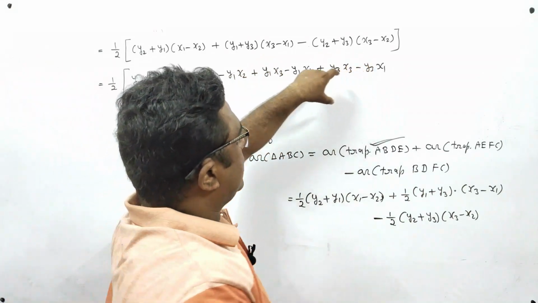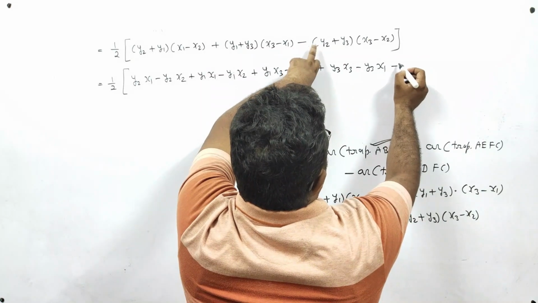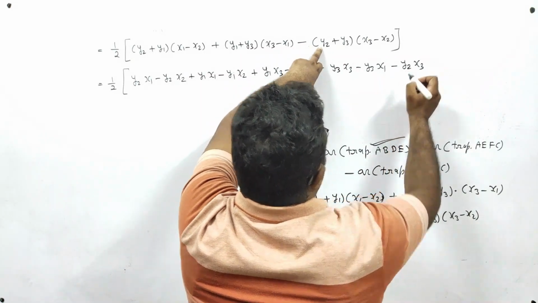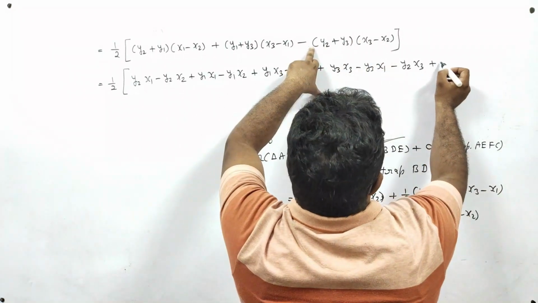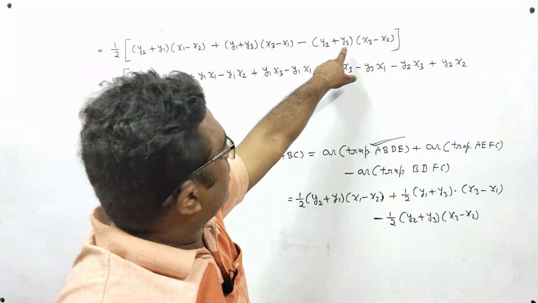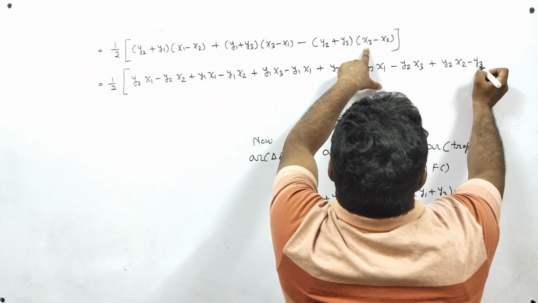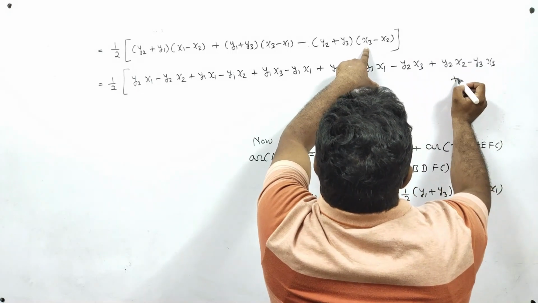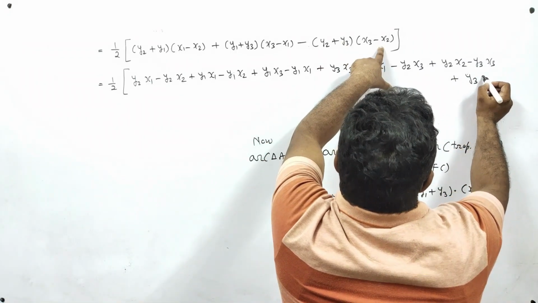Now multiply these two brackets: y2 x3, and minus is outside, so minus y2 x3, multiply this with this, so plus y2 x2. Now multiply this term with this term, so minus y3 x3 and plus y3 x2.